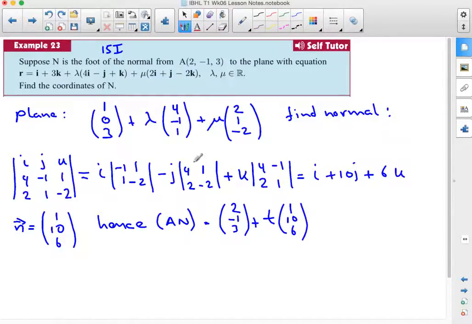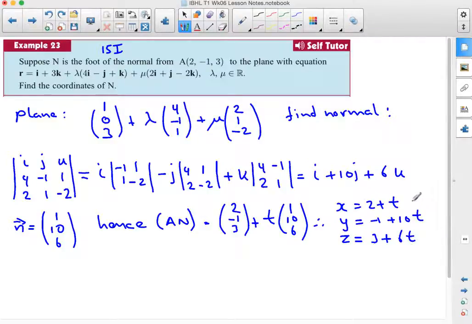So I've used lambda, I've used mu, so here I'll just choose to use t, at least not lambda or mu. In parametric equations, this line is x equals 2 plus t, y equals negative 1 plus 10t, and z equals 3 plus 6t.